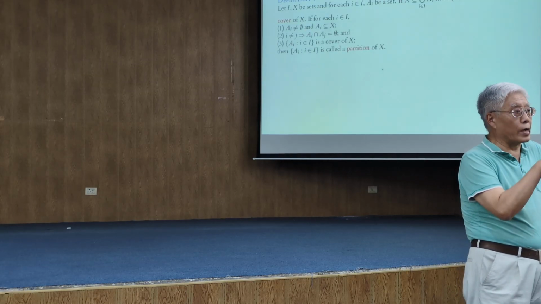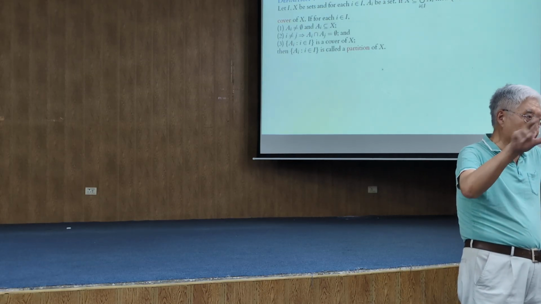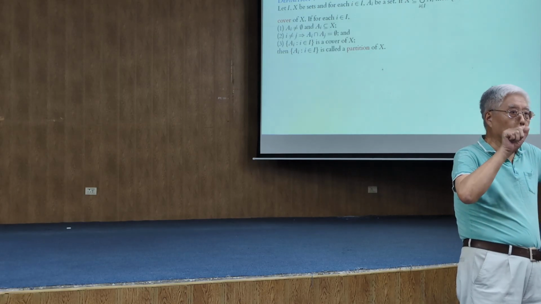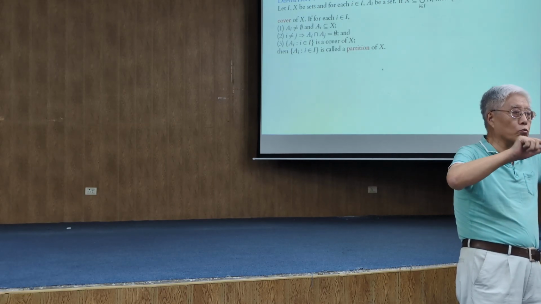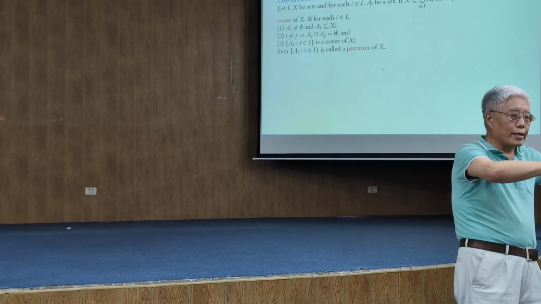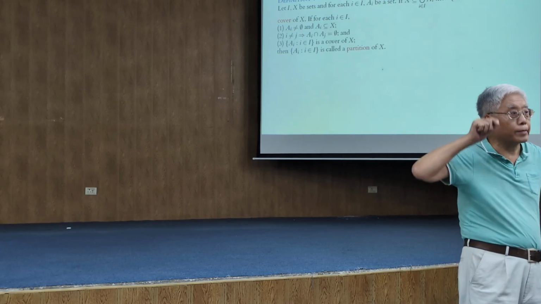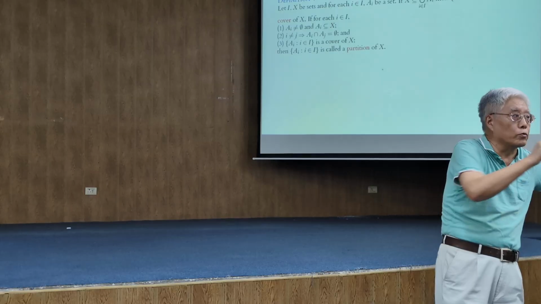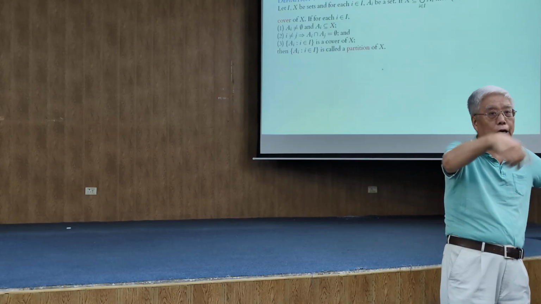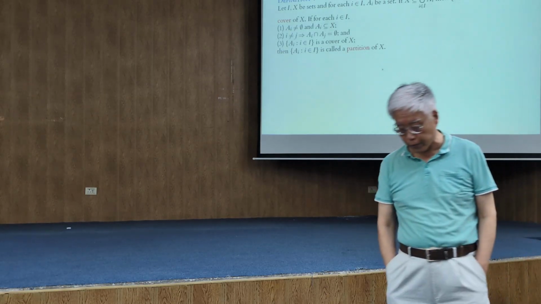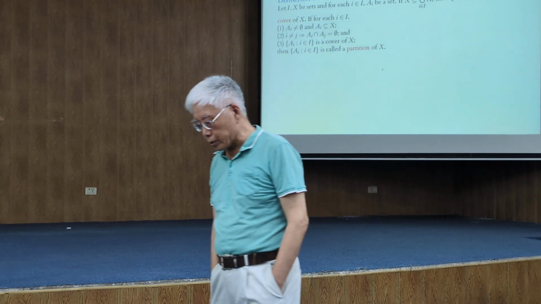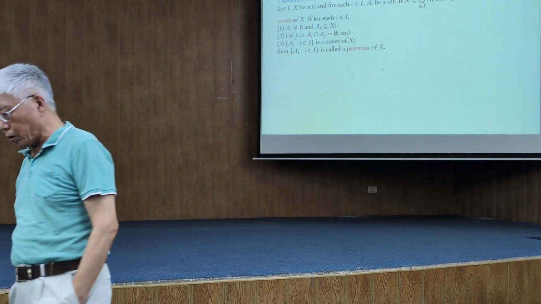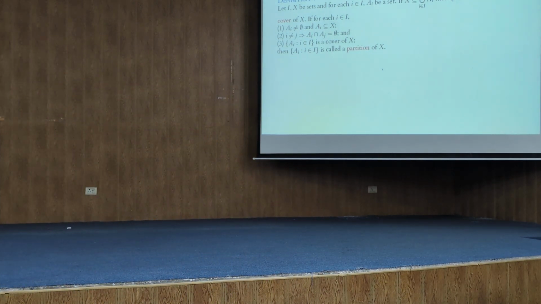If the union of all these subsets contains the whole set, you should really know from discrete mathematics that the union of any subsets is actually a subset. But containing means that the set itself is also contained in the union. Only that part you need to prove when you want to verify. If these two conditions are satisfied, then we call this set of subsets a cover.